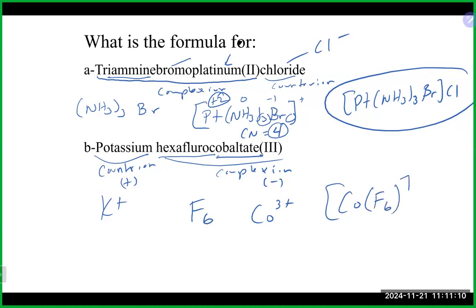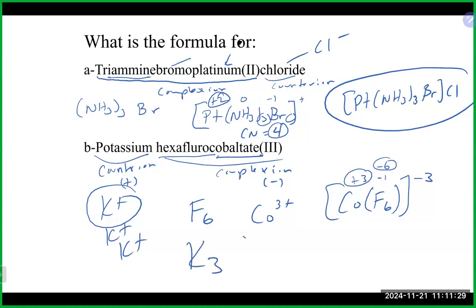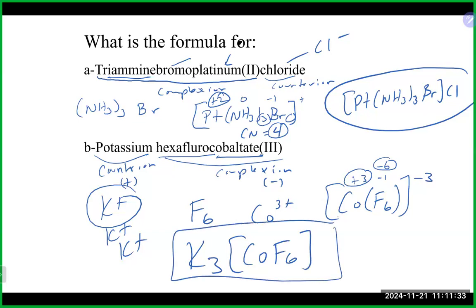You really don't need the parentheses, but I'll put them there, I guess. And in this case, if we just look at the complex ion part, that's +3. That's basically -1, and there's 6 of them. So overall, our complex ion here is actually a -3. That means we would need 3 of these potassiums to balance it out, and that would give us K3CoF6 in this case.